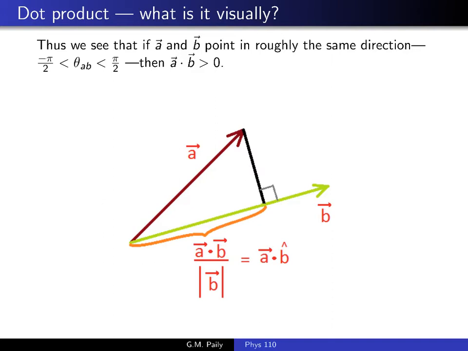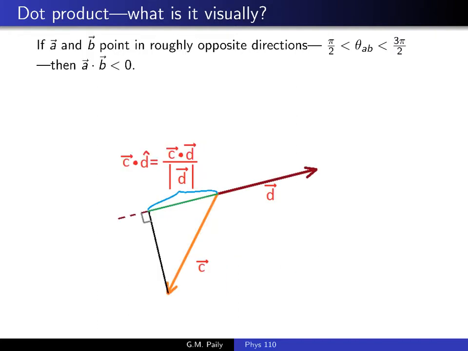So we see that if the two vectors A and B point in roughly the same direction, then A dot B will be positive. In other words, the projection of one vector onto the other is a positive projection. If the vectors point in roughly opposite directions, then the projection is negative, and so the dot product is negative.